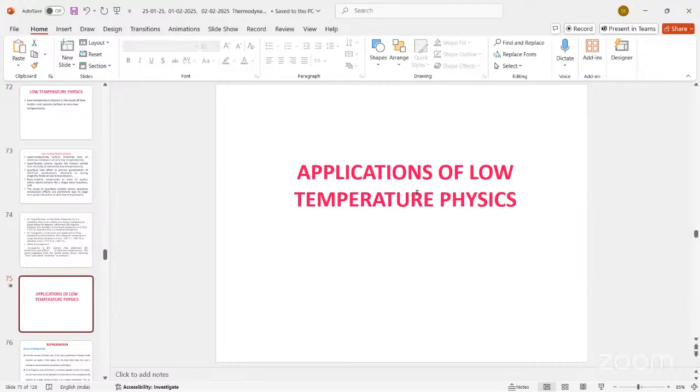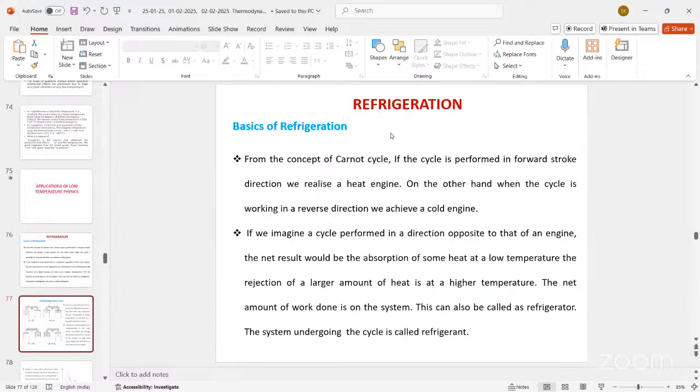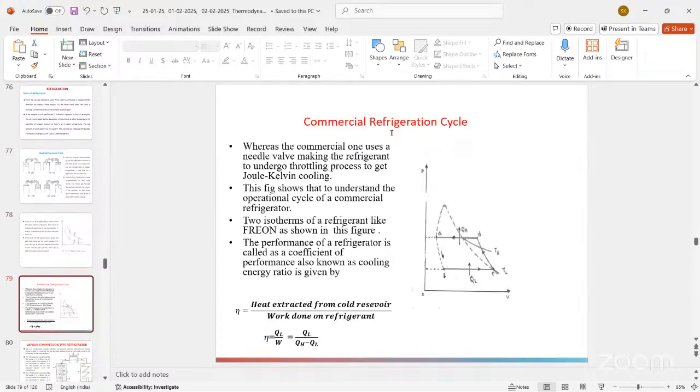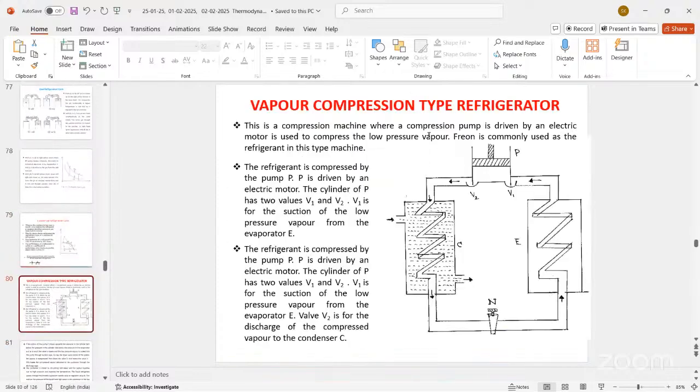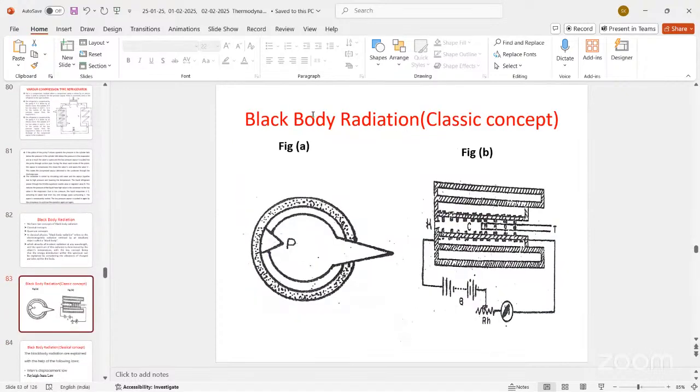Applications of low temperatures in physics, we also discussed refrigeration in the last class, and commercial refrigeration cycles also. Vapor compression refrigeration we discussed, and black body radiation yesterday, where we have two concepts, classical and quantum.